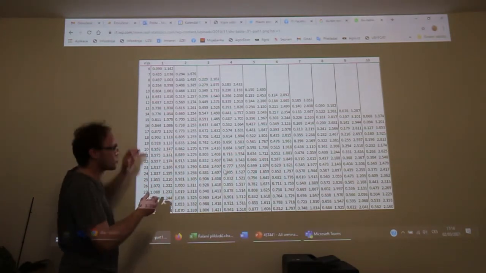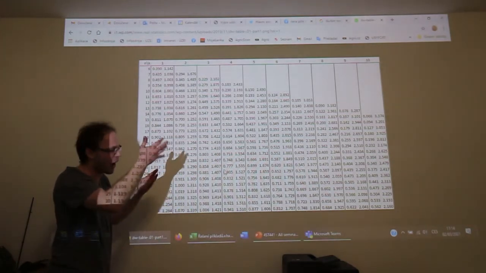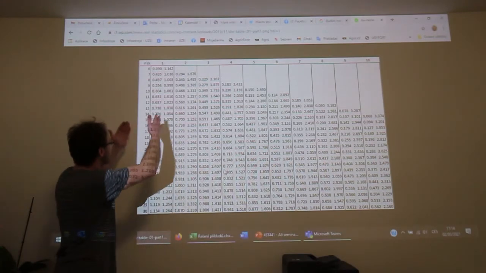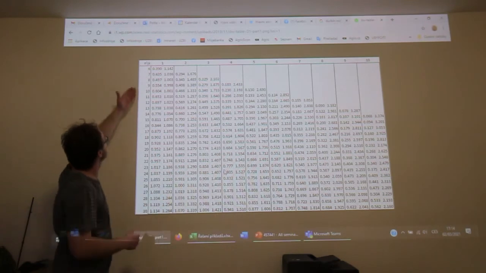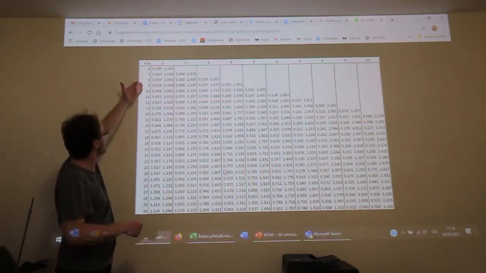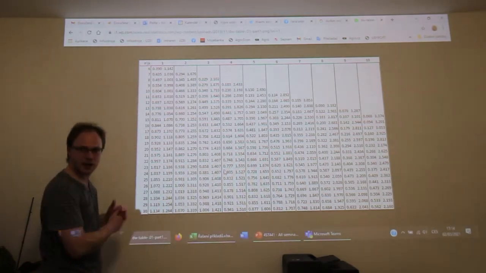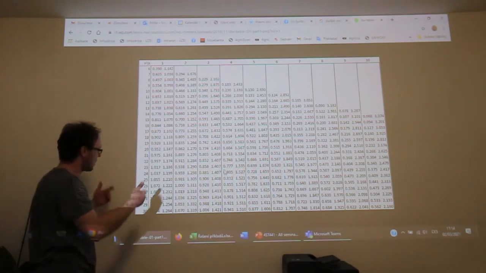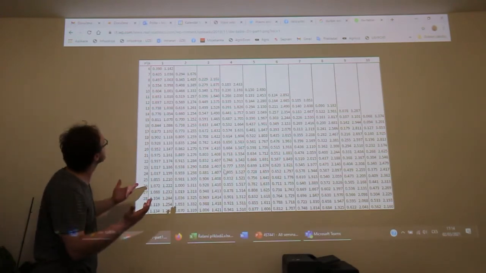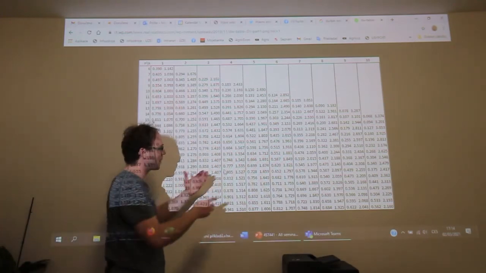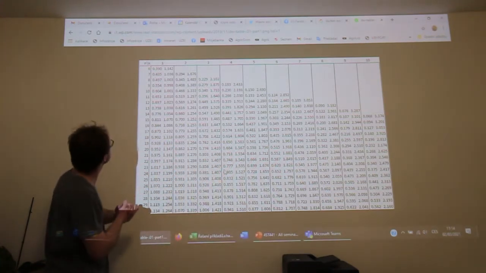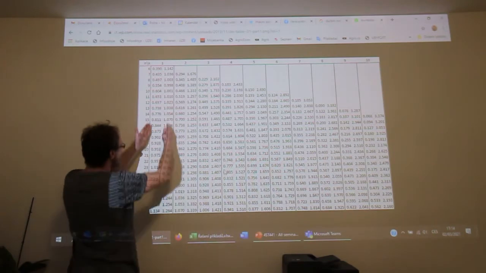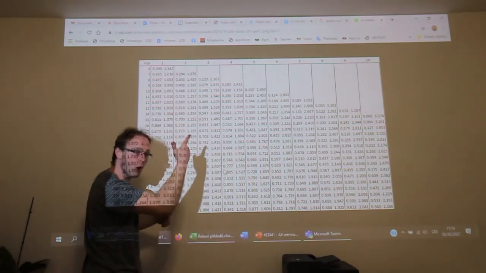I don't know which level of significance alpha this is, whether 1%, 5%, or 10%, but you can see that we have here n, the sample size, the size of our time series, and k, for example, the number of parameters in the model. Every time there are two columns.